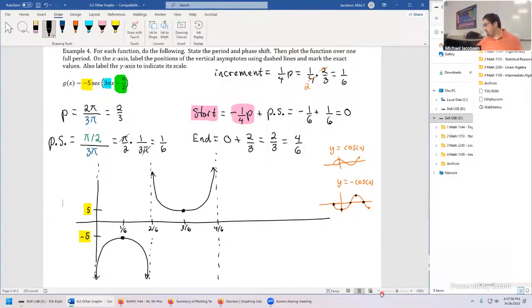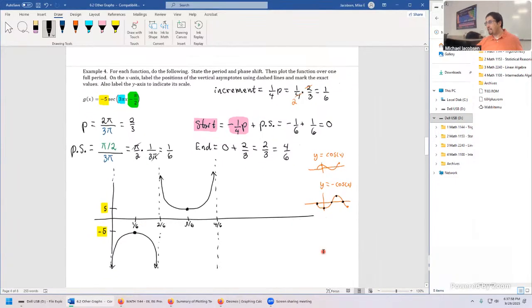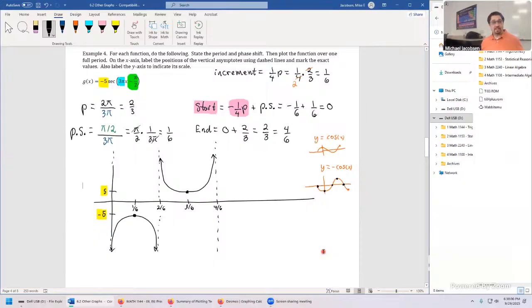Okay, I think this is a good one to pause just for a moment and reflect. What do we want out of this algebraically? When we're in chapter 7, we're going to be doing the next big part of the course's objective of solving trigonometric equations.